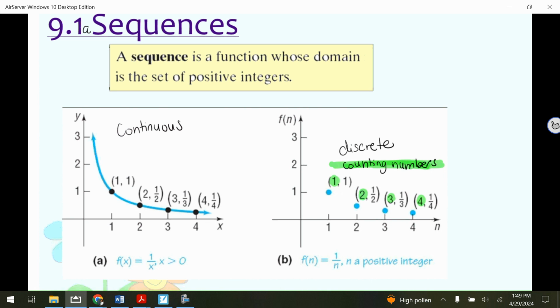The second number in the sequence is 1/2. The third number in the sequence is 1/3. And the fourth number is 1/4. So the reason the domain is positive integers is because the integers count the number in the sequence. So today will serve as an introduction to sequences, which is basically a pattern of numbers.